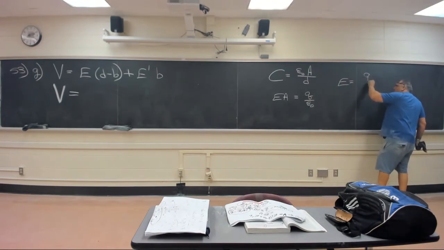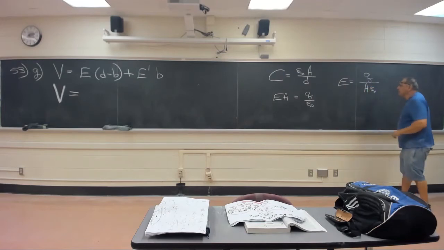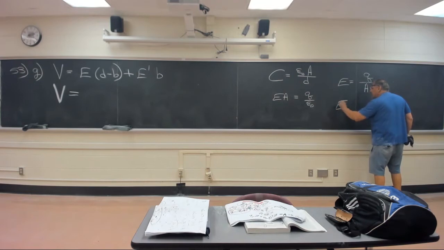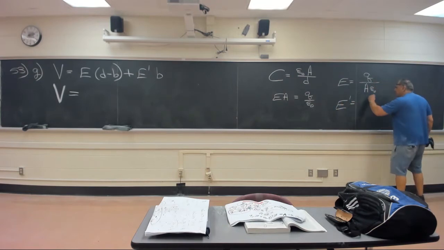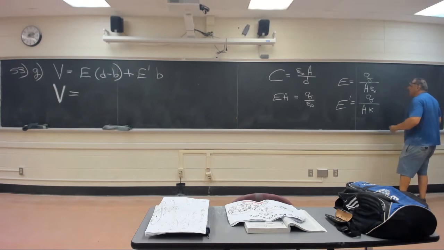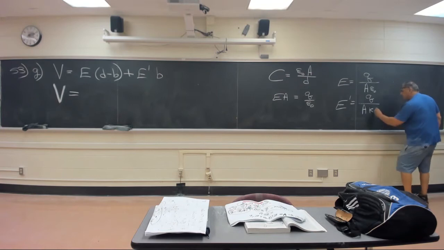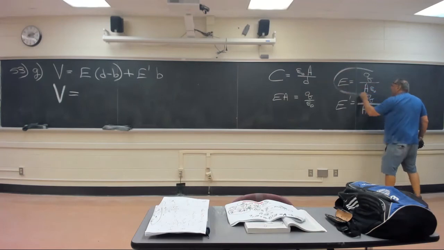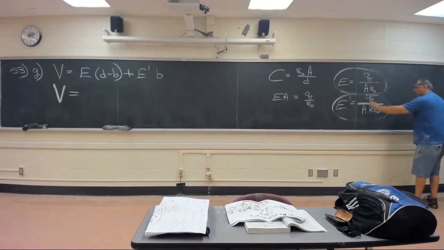E was equal to Q over A epsilon naught. The E prime was going to be equal to Q over A kappa epsilon naught. Again, there are so many ways that this gets written, guys. A kappa epsilon naught, and that's this guy. All right, based on previous discussions.